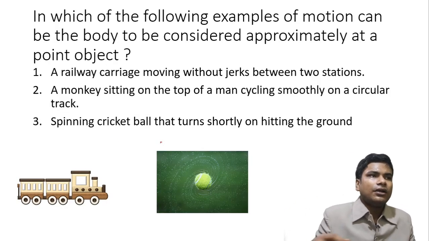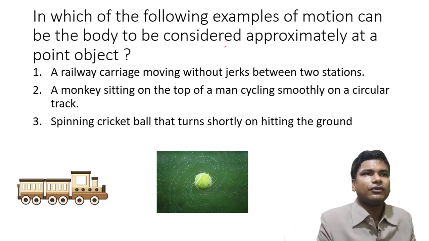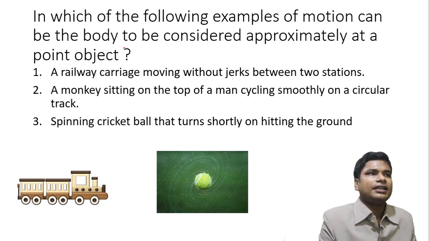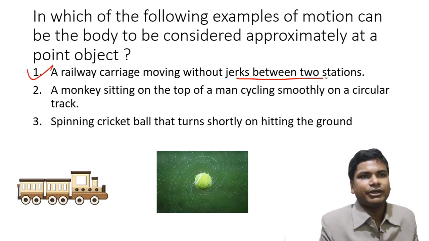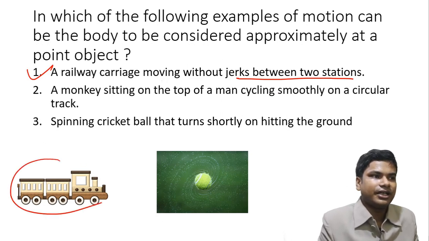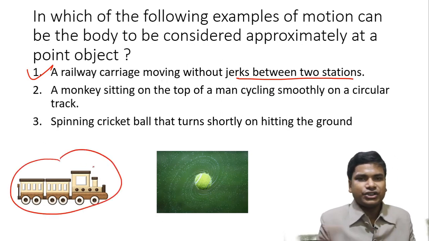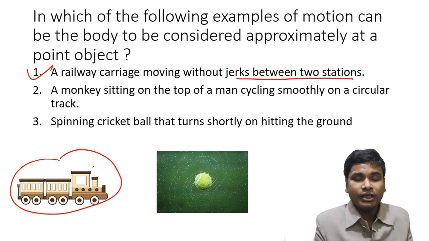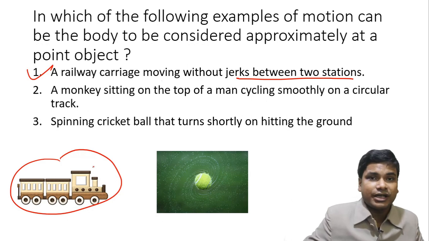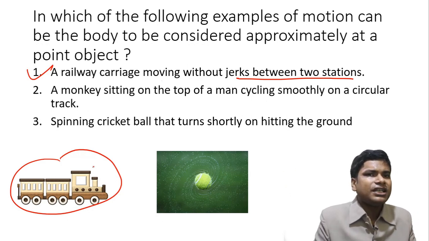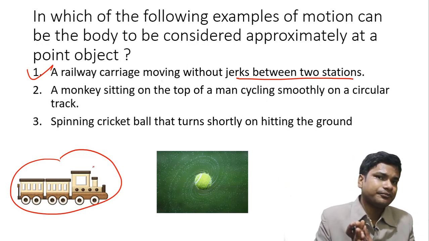Now let me ask you a few questions. Which of the following examples of motion can be considered approximately a point object? Number 1, a railway carriage moving without jerk between two stations. So this is a railway carriage and it is moving without jerk. That means it is not stopping between two stations, it's just moving on a railway track. Can we consider this to be a point mass?